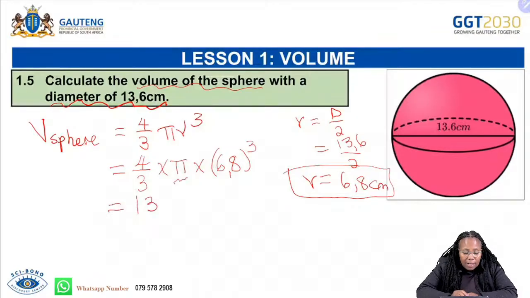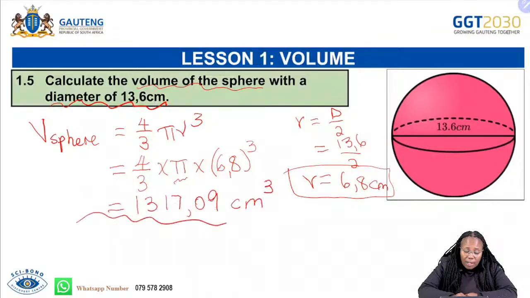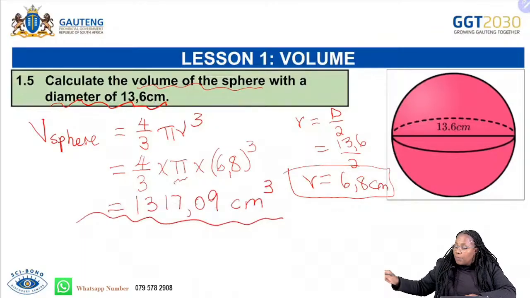This is giving us 1,317,09. What is the unit, grade 12? This will be in cubic centimeters. Centimeter to the power 3. It's a cubic centimeter. So that is how you calculate the volume of a sphere.